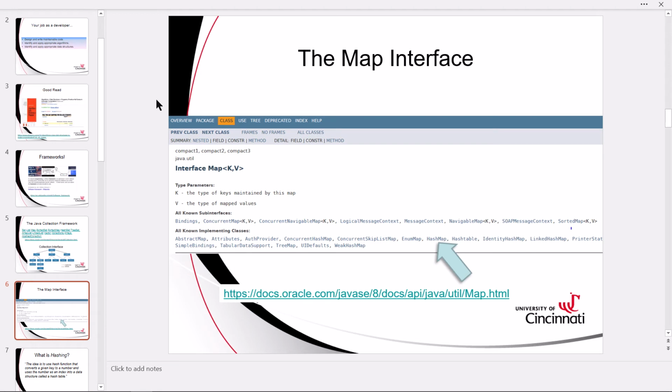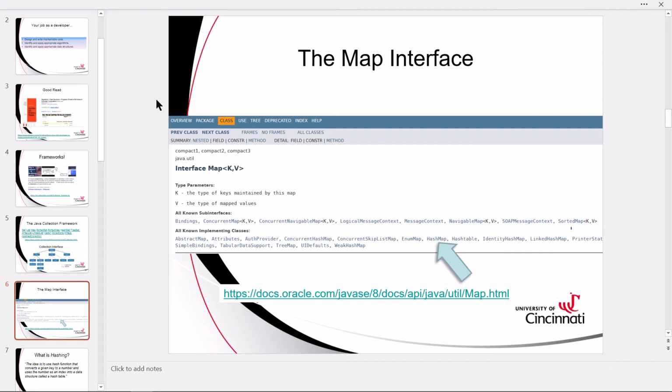The map interface, and we're drilling down now to hashing data structures. The map interface has two parameterized types. Remember, when we see those little delimiters, less than, greater than, the HTML tag delimiters, that is an indication of a parameterized interface.